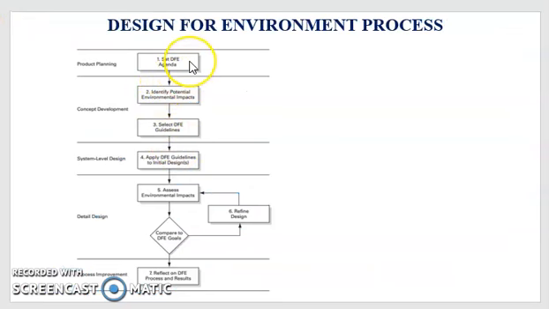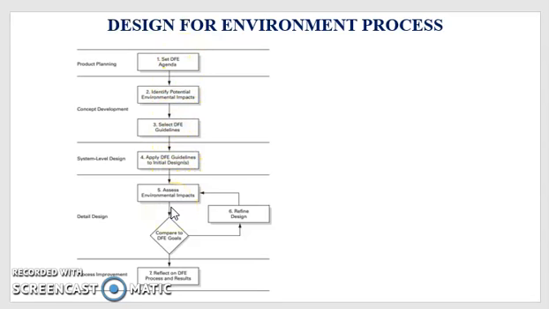Design for environment includes activities carried out throughout the product design and development process. The steps used to conduct the DFE process are shown in this flow diagram. The flow diagram of the DFE, or design for environment, depicts a linear flow of information between successive steps.